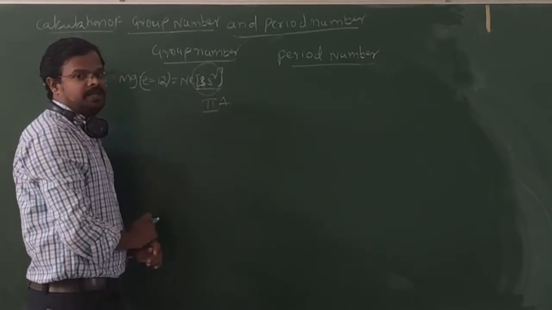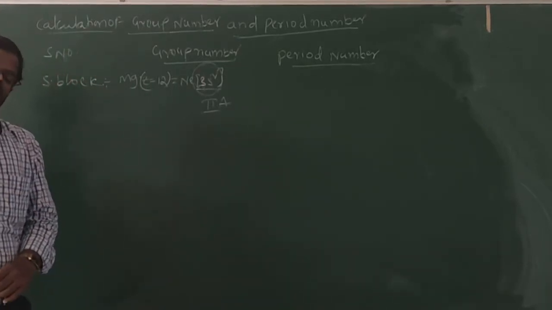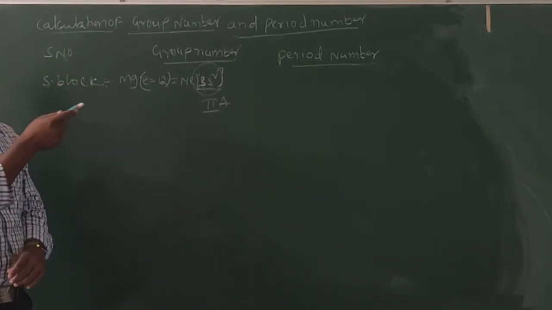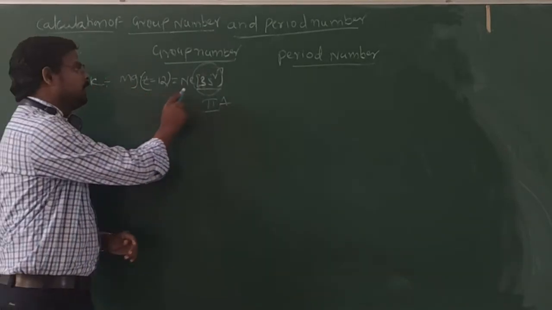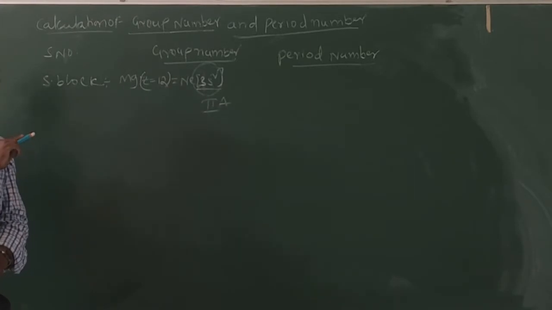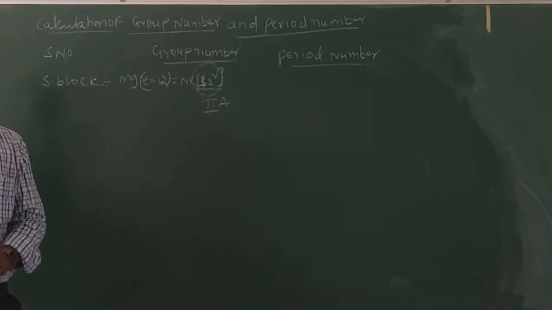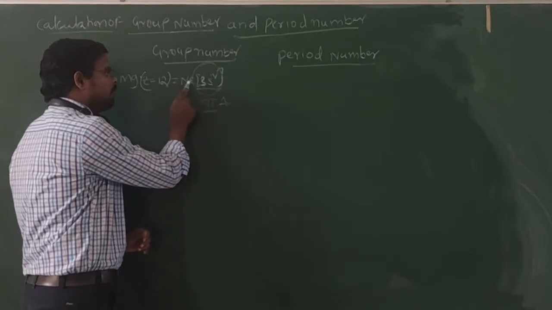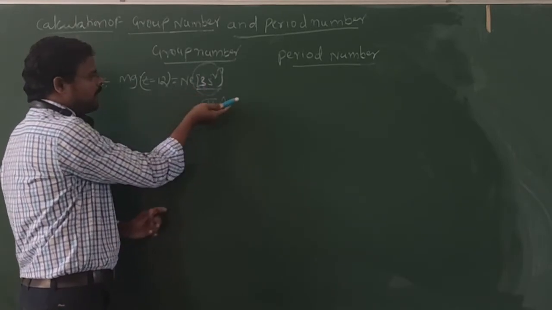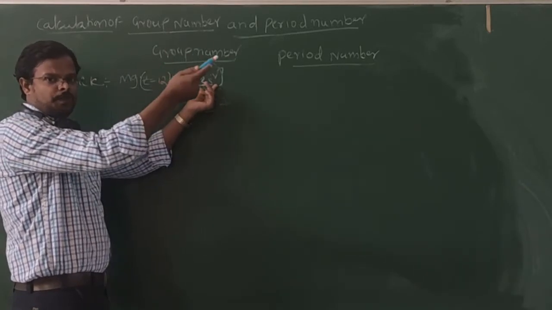Calculation of period number is common for all blocks. In the given electronic configuration, the highest n value is taken as the period number. Magnesium's electronic configuration is neon 3s2, or 1s2 2s2 2p6 3s2.